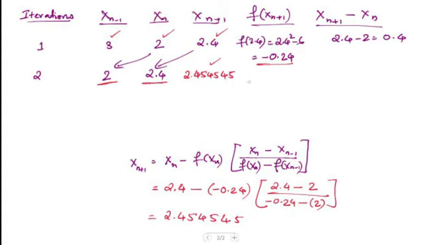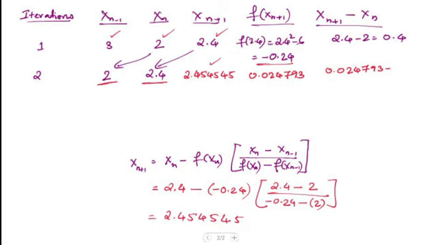Putting this value in the function gives us 0.024793. Then subtracting the values, I think I'm subtracting the wrong values here.